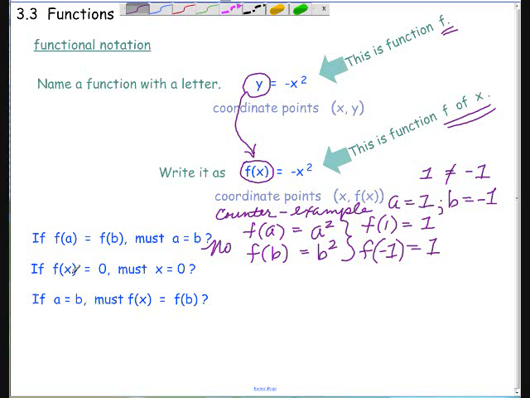If function f of x equals 0, must x equal 0? Well, let's see if we can find a counterexample for that. How about if function f of x, what if we define it as x minus 1?